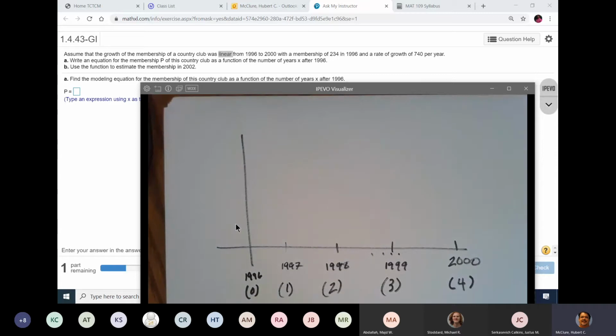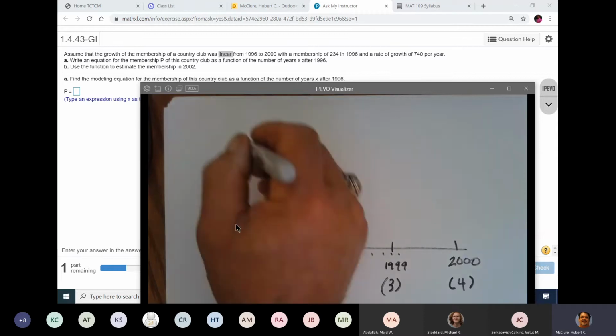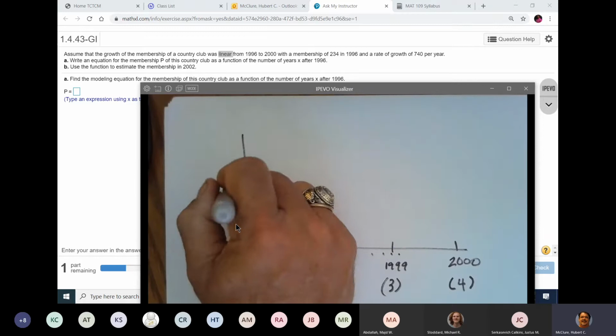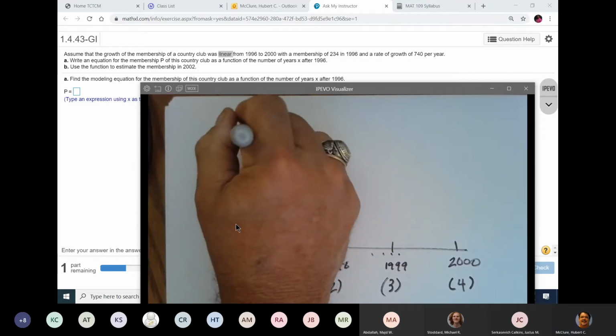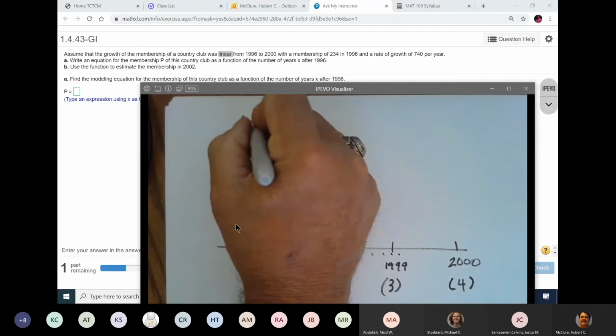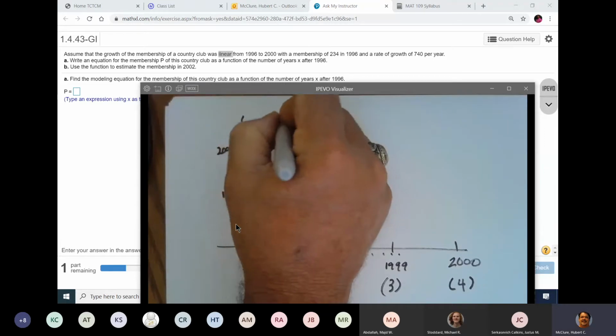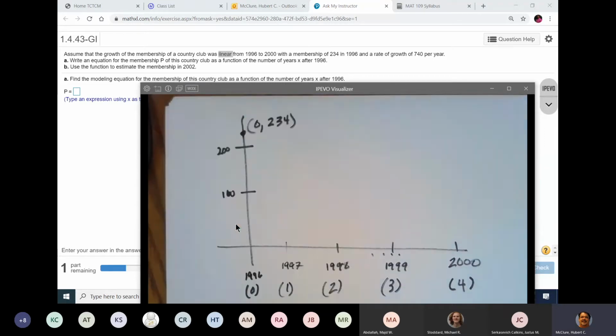Okay, now it says that in 1996, you had a membership of 234. So zero comma 234. And it's growing at a rate of 740 per year.